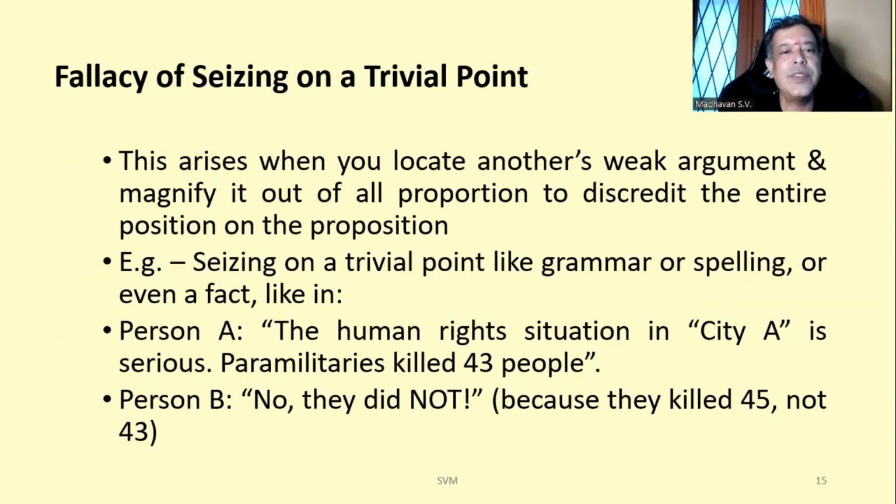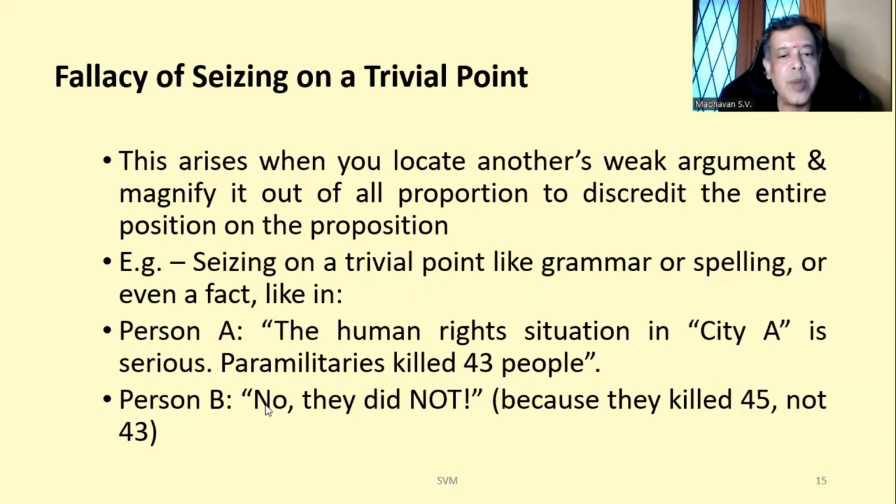Next, fallacy of seizing on a trivial point. This arises when you locate another's weak argument and magnify it out of all proportion to discredit the entire position on the proposition. For example, seizing on a trivial point like grammar or spelling or even a fact. Let us consider this example. Person A says that the human rights situation in city A is serious. Paramilitaries killed 43 people.